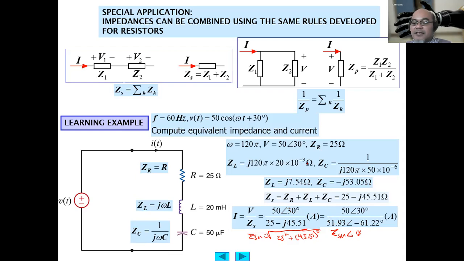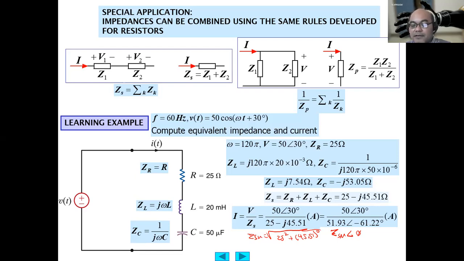We can check. 25 squared plus 45.51 squared equals 2,696.